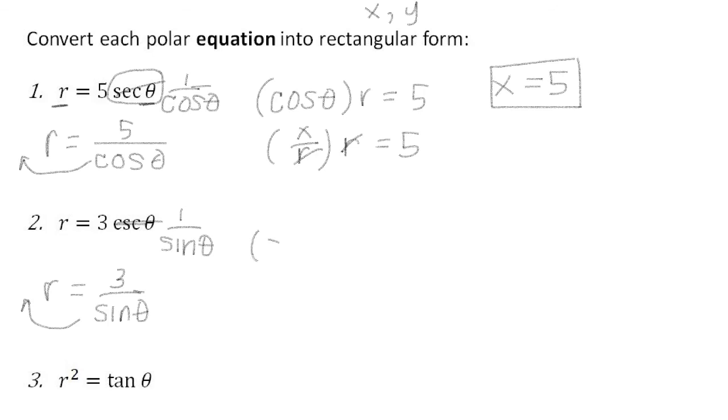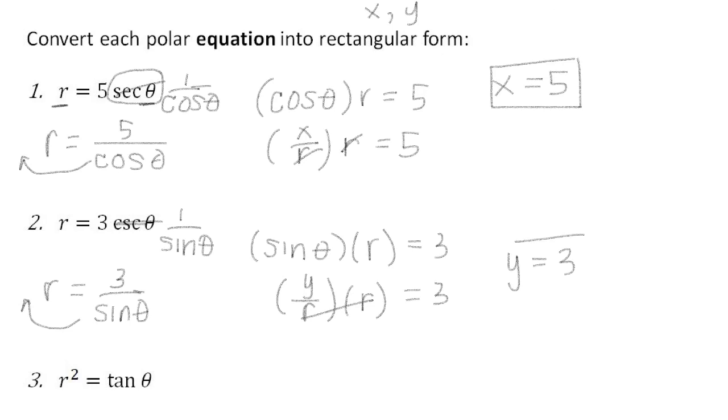So I have sine theta times r equals 3. And we know sine theta is y over r times r. And that's going to give me 3. And so here the r's will cancel each other out again. So I have y equals 3. And that would be my final answer.